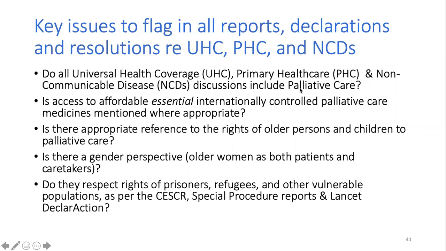Because as I've said several times, it often forgets about palliative care. Is access to affordable, essential, internationally controlled palliative care medicines mentioned where appropriate, or are controlled medicines ignored completely? Is there appropriate reference to the rights of older persons and children to palliative care? Is there a gender perspective?